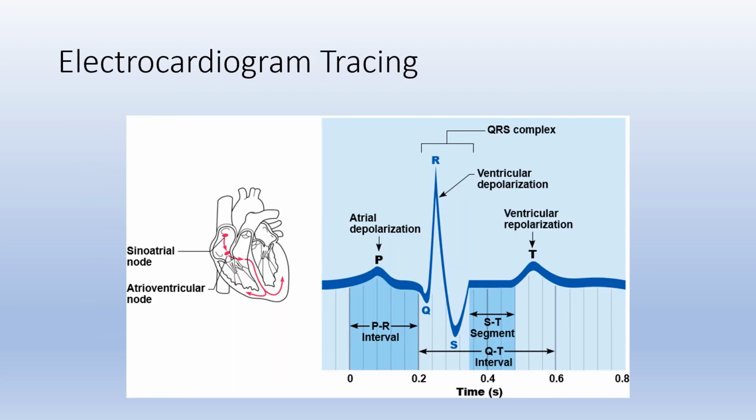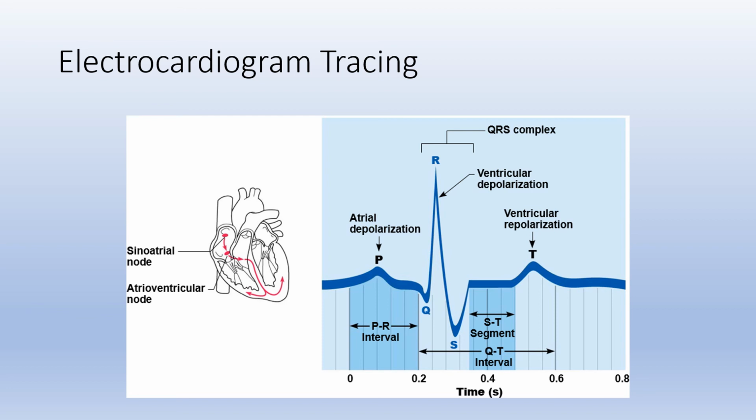As previously mentioned, not only do you have to be able to identify the waves on the ECG, you have to understand what is going on in the heart electrically to cause those waves to appear. So again, you have to be able to identify the P wave, the Q wave, the R wave, the S wave, and the T wave.